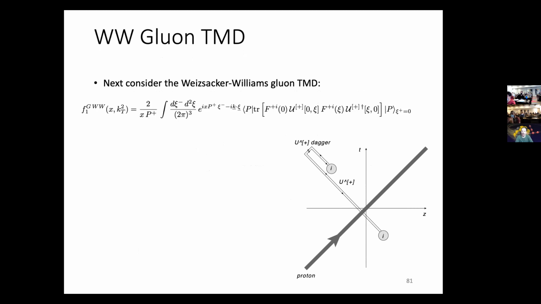Well, the Weizsäcker-Williams TMD, we talked about it yesterday when we talked about the McLerran-Venugopalan model. So this is the Weizsäcker-Williams TMD. Again, we have F plus i insertions, right? But our Wilson line staple, you can think of it either as an adjoint future pointing, let's say SIDIS, Wilson line staple, or you can think of it as 2 future pointing fundamental lines, right?